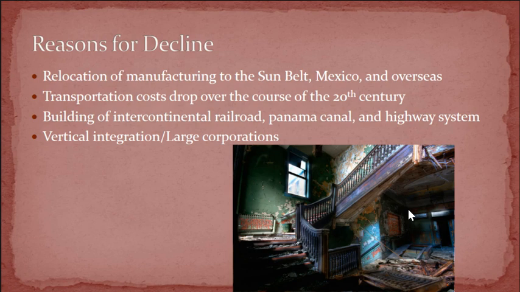There are lots of reasons and lots of hypotheses, but ultimately transportation costs have dropped over the course of the 20th century, and so that means that you don't necessarily have to be close to water. You can start doing a lot of truck transport. That trucking transport is actually cheaper than it used to be, and so you don't have to have factories and things that are situated on bodies of water necessarily. Okay, and also large corporations start buying places and consolidating factories, and that's a big issue.